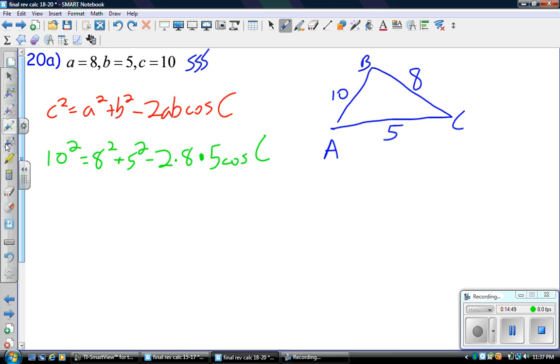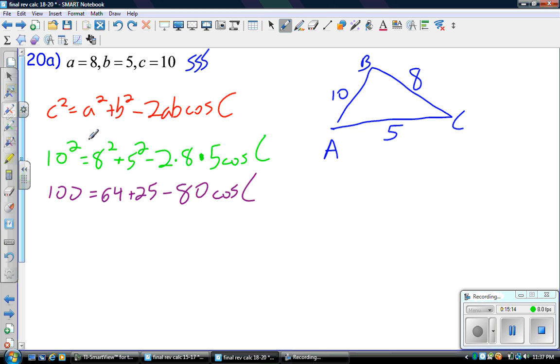Now, this is where I pretty much said start throwing stuff in your calculator, but you have to be a little careful. So I'll do this one step by step. This would be 100 equals 64 plus 25 minus, that'd be 40 times 2, so that's 80 cosine of C. I'm doing a lot of this by hand.